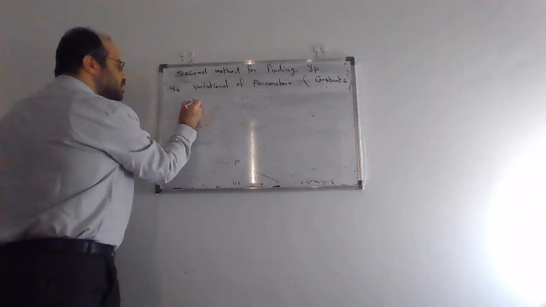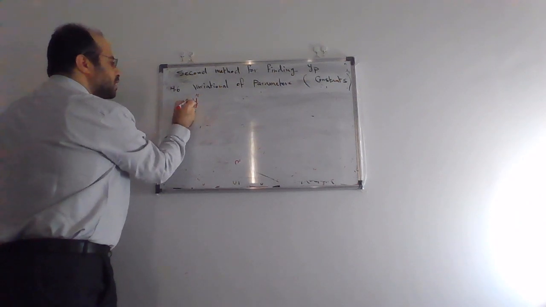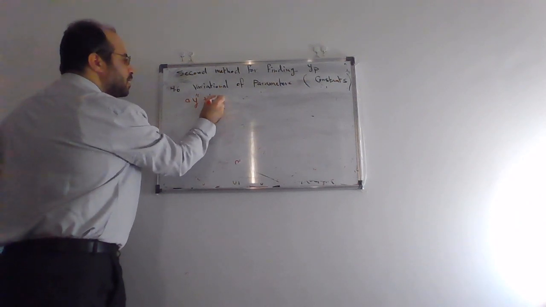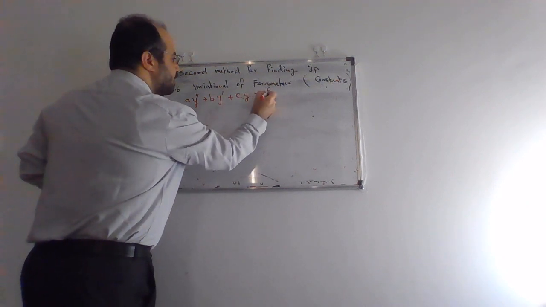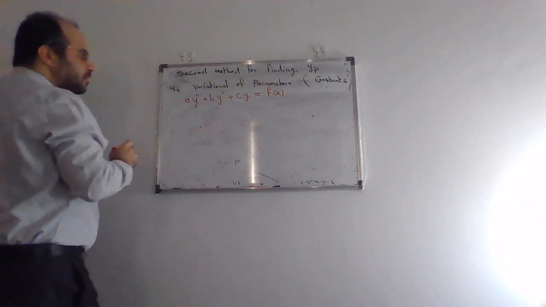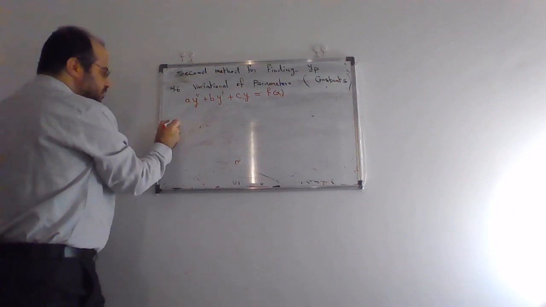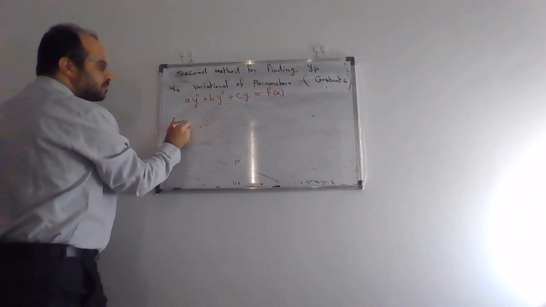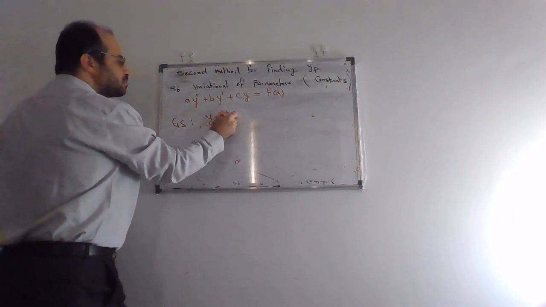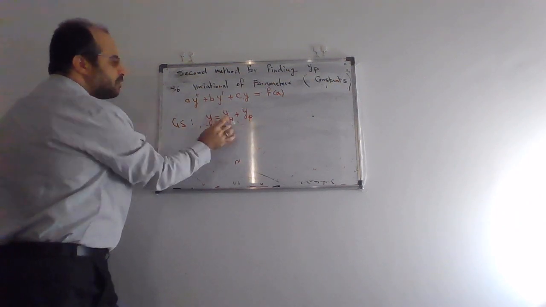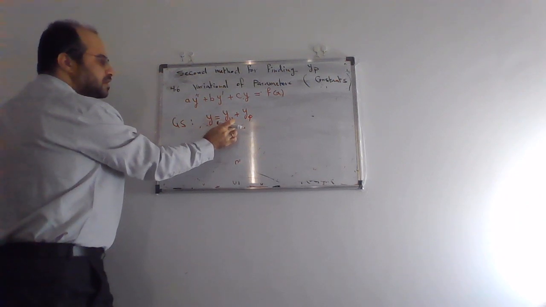Our problem is you have a y double prime plus b y prime plus c y equals f of x. Last time we said the general solution for such an equation is y equals y homogeneous plus y particular. Now we know how to find y homogeneous.